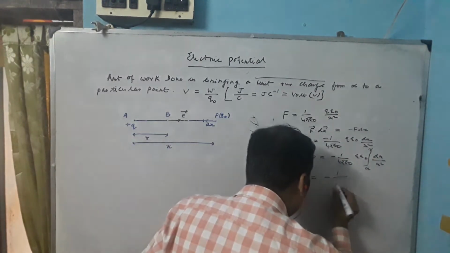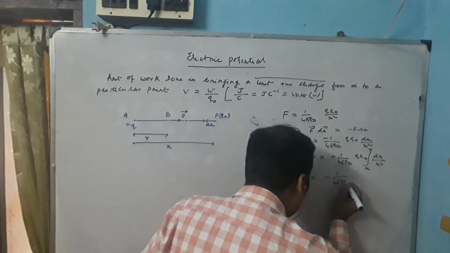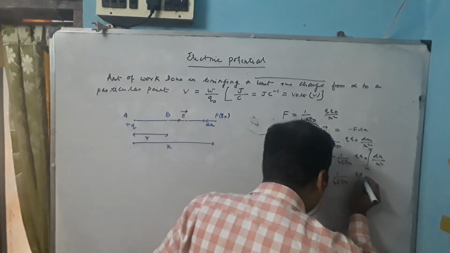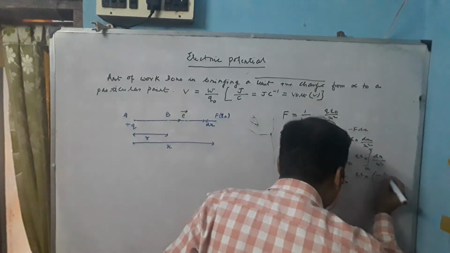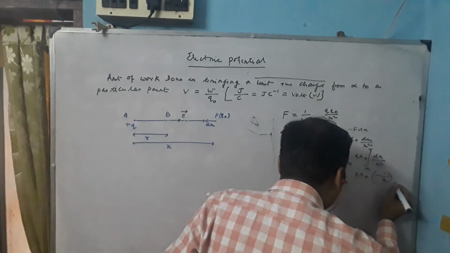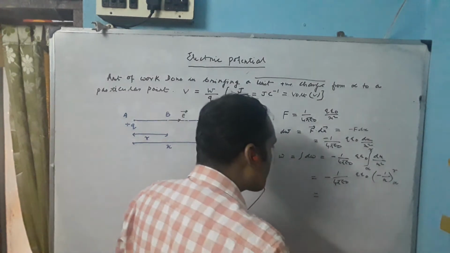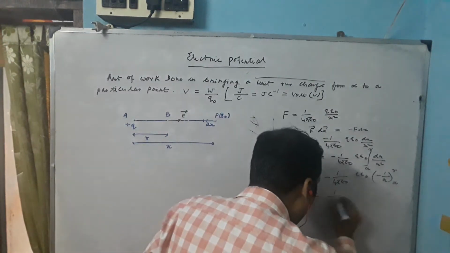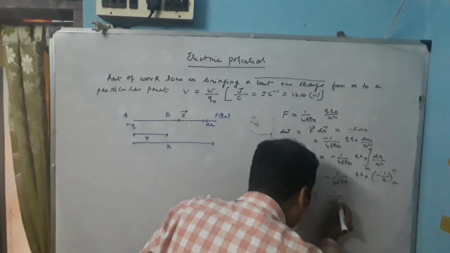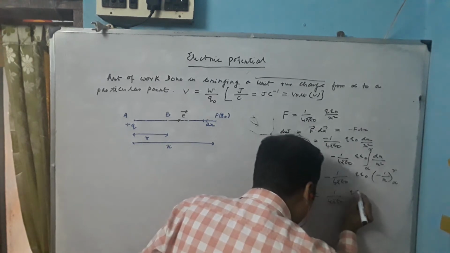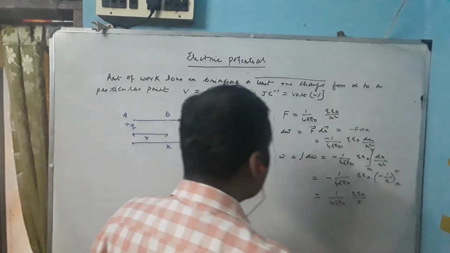Now let us find out the integration. It is minus 1 by x, imposing the limits and cancelling the negative sign, we will get this.